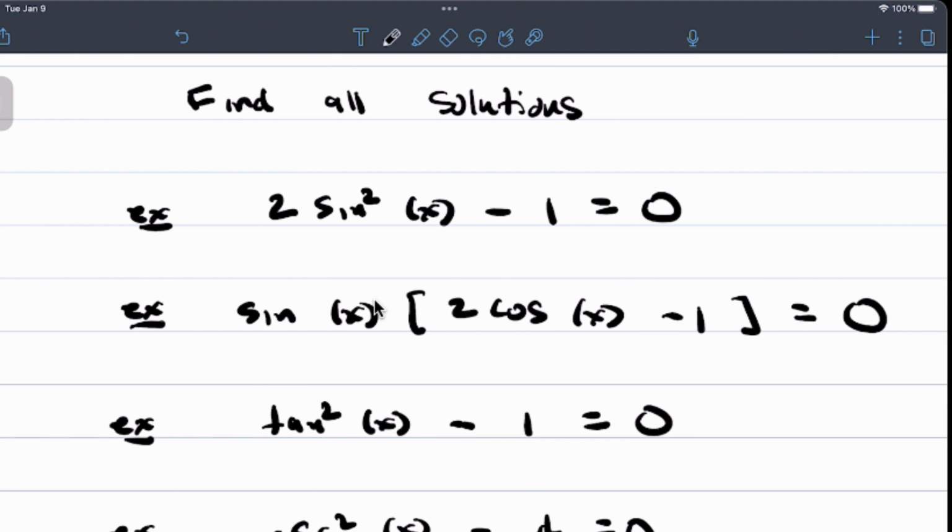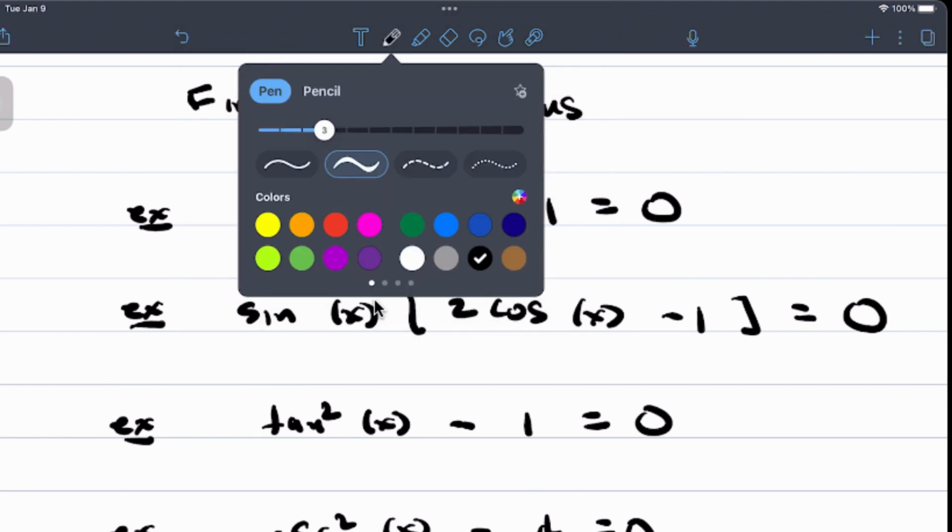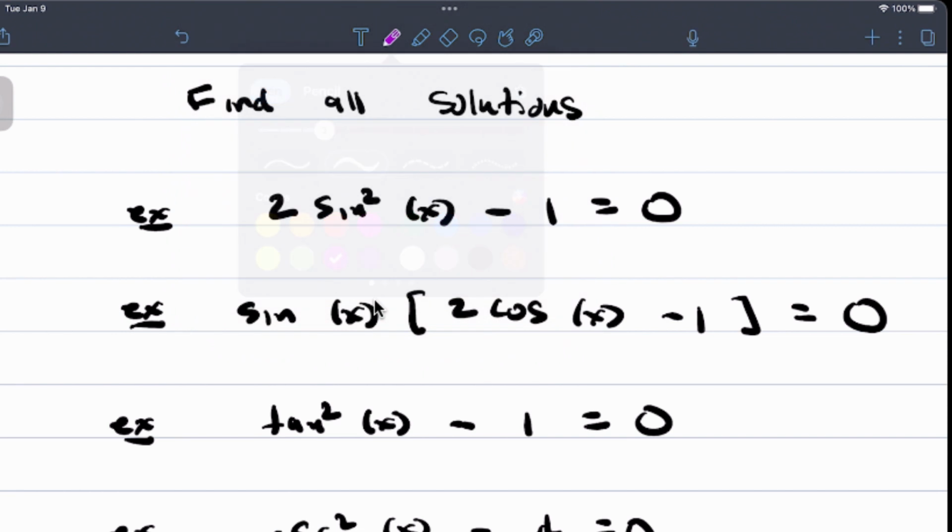So what I have for you guys today is we are still solving trig equations. But this time, we have to use a little bit of some what? The purple comes out. What's this word? Algebra.